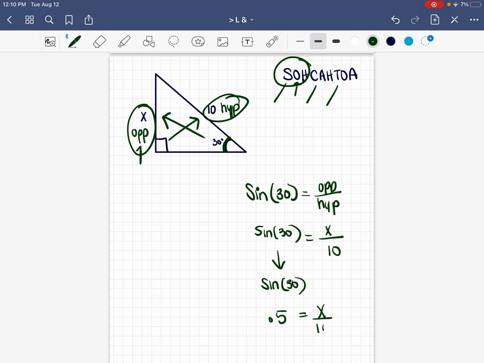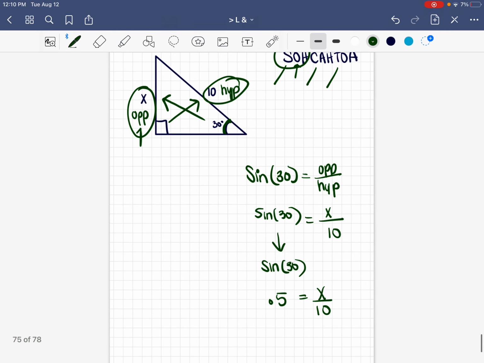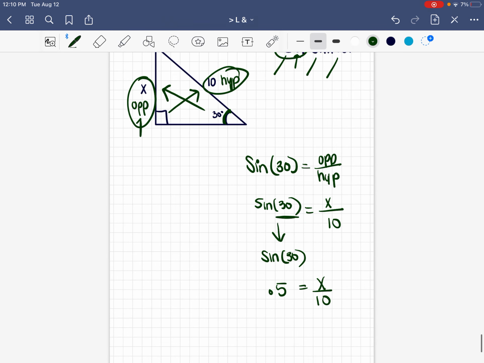So 0.5 is equal to x over 10. Again, when you know the measurement of the angle, then you can just put sine and then the number. You don't have to do the second sine. You just put sine and then the number, and then hit enter, and you get 0.5.